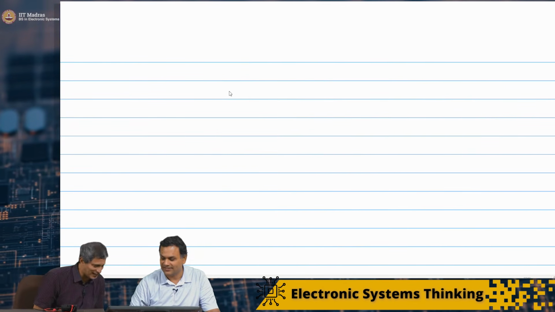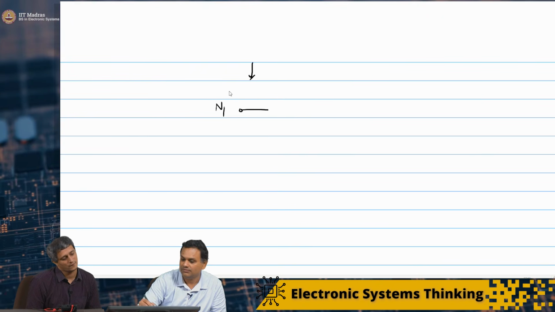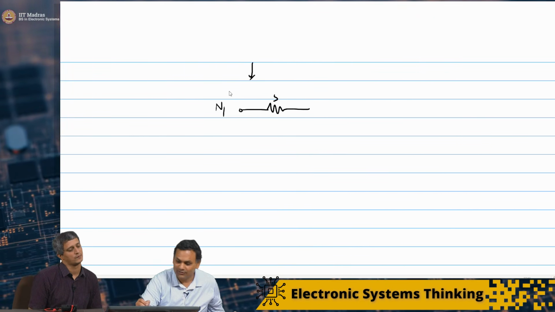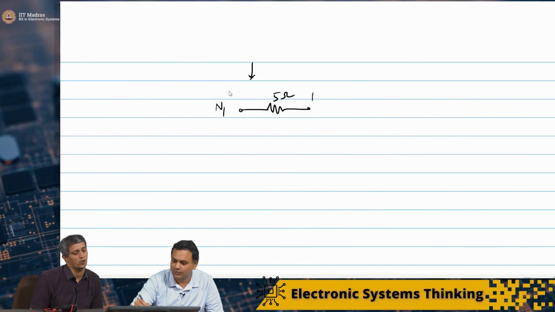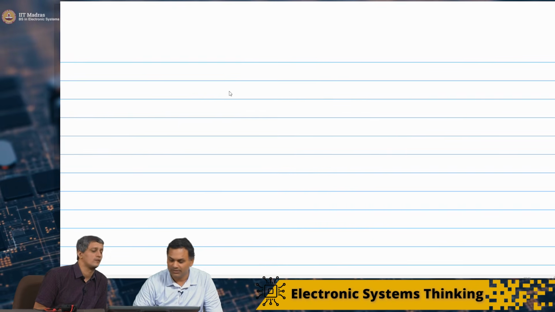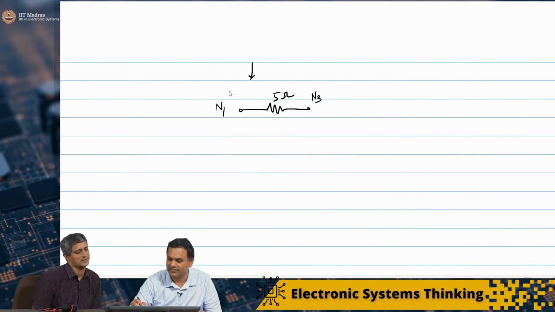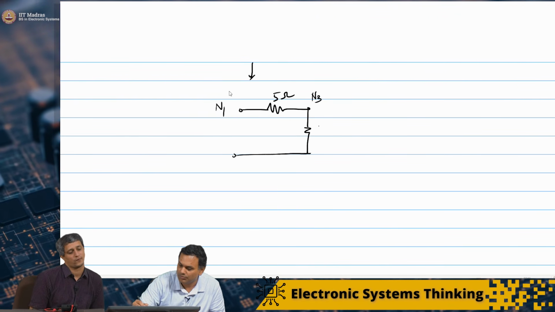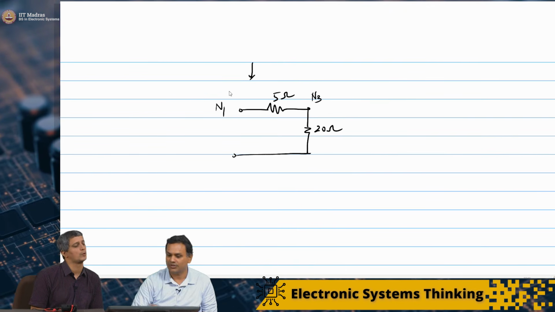Finally, let's not jump the step. We'll draw it again. 5 ohm in series. So I start from N1. 5 ohms in series with a 20 ohm resistor. I have N3, I believe. And with a 20 ohm resistor to N2.